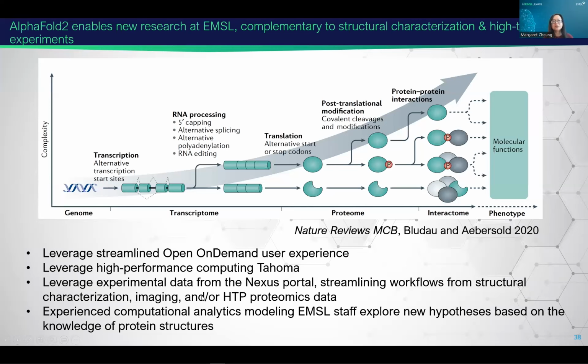We leverage experimental data that most users upload to Nexus, and streamline the workflow from structural characterization, imaging, and high throughput to structural modeling. And of course, within the structural models I mentioned, not all proteins have structures. You may require additional help from computational scientists like myself to help you understand and interpret what those variations mean.